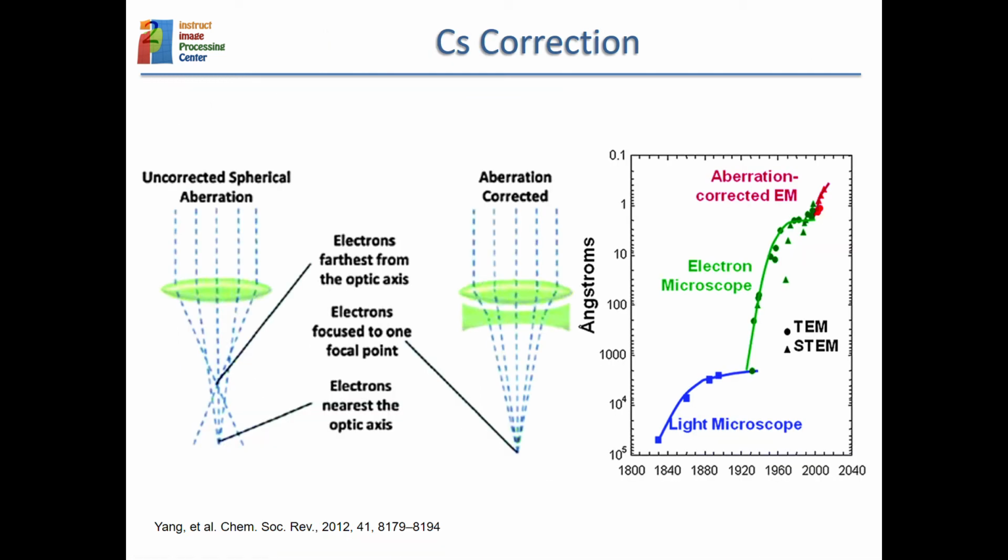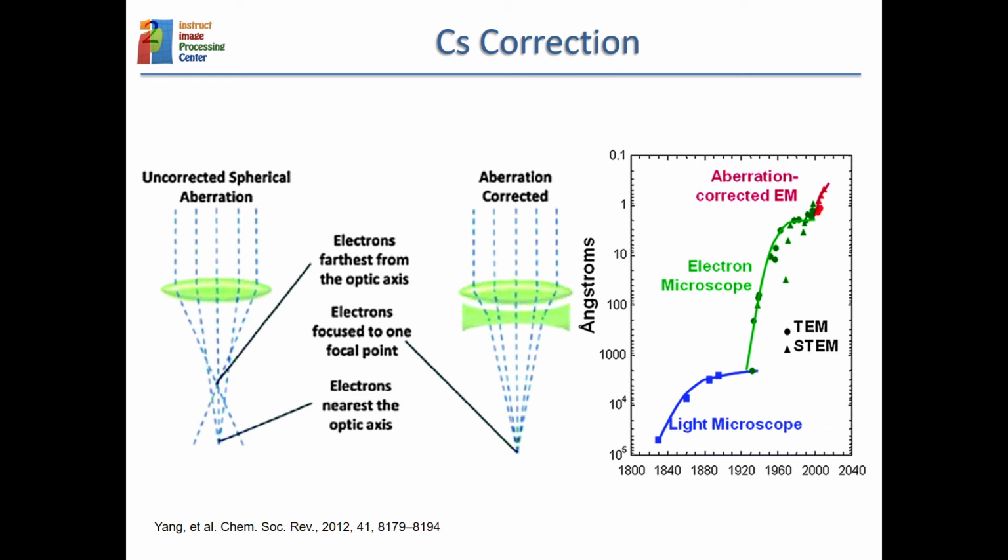Something more to take into account is that there are microscopes that are corrected for the spherical aberration, and if you go to material science, all the high resolution structures are imaged with these aberration corrected electron microscopes.